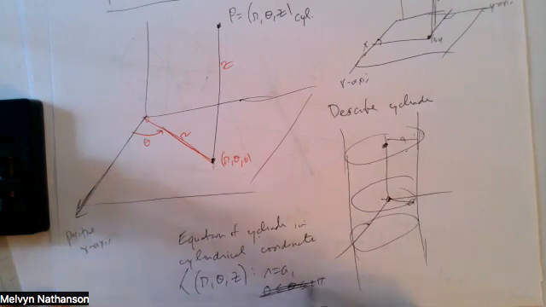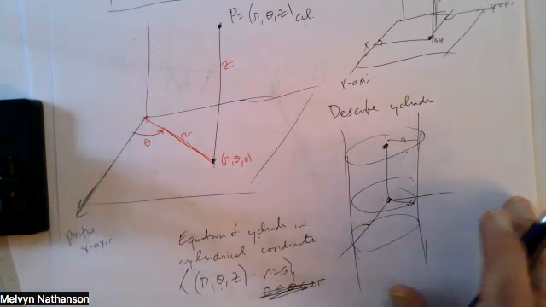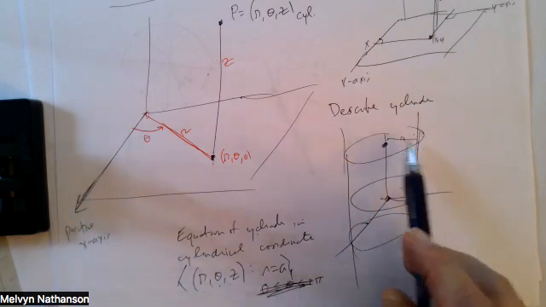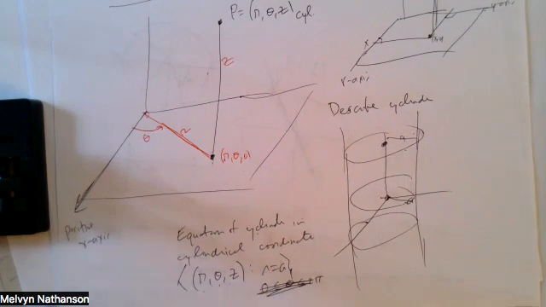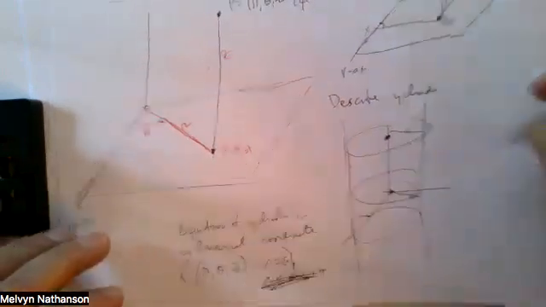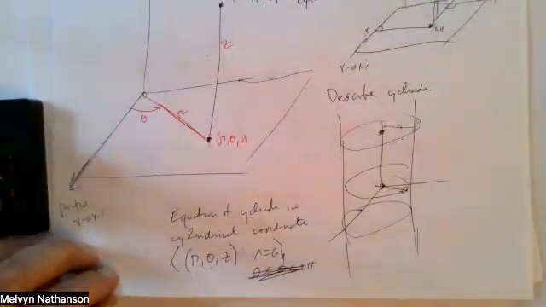All you're saying is this is the set of all points where the distance to the z-axis is a, and it can be any height z above and below the plane, and any angle theta with respect to the positive x-axis. That's a cylinder. The easiest thing to describe in cylindrical coordinates is a cylinder.